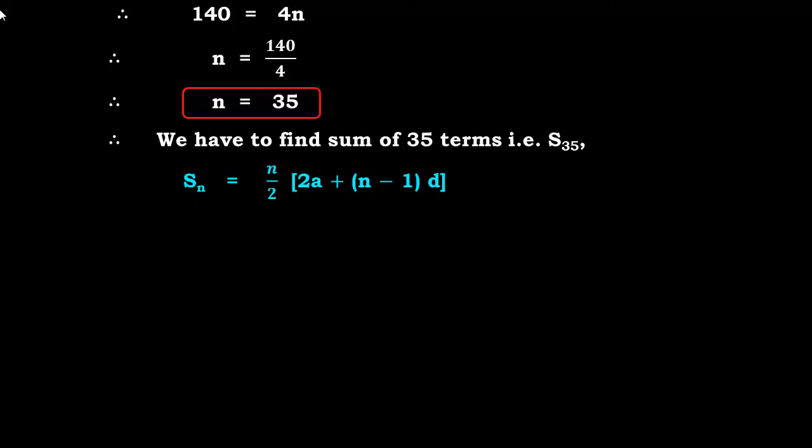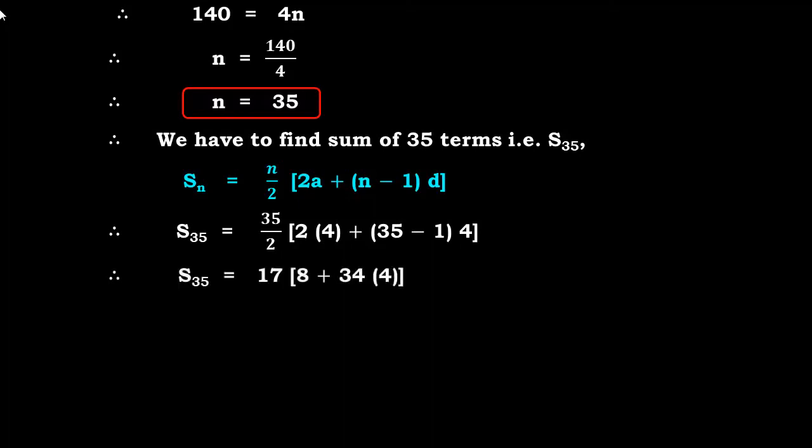So we get S35 is equal to 35 upon 2 into 2 into 4 plus 35 minus 1 into 4. First solve the brackets: 35 minus 1 becomes 34, and 2 into 4 becomes 8. So we have 8 plus 34 into 4, and you will get addition 144.